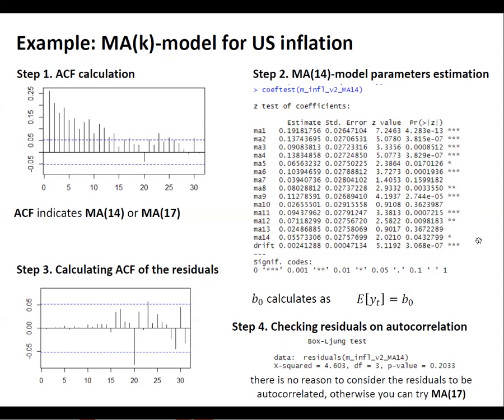Now for this model, we check the autocorrelation of the residuals and build an autocorrelation function. We see that the first 14 lags, their autocorrelation is fully accounted for in the model. Now, more strictly, we check for autocorrelation in the residuals using the Ljung-Box test.